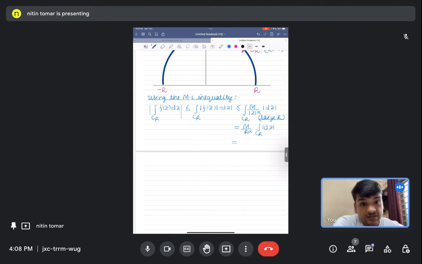Now tell me what is the value of this line integration? This is a semicircle, so exactly, it is pi R. So ultimately it will be pi M R to the power 1 minus alpha. Correct?